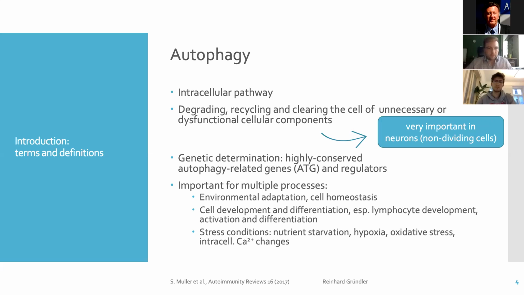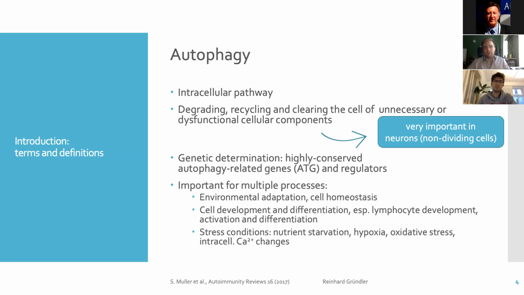So where is autophagy important? I've already talked about it. It's important for the cell so that it can adapt to the environment and maintain homeostasis, and also for cell development and differentiation, especially for lymphocytes, where you can also see why it is connected with neuroinflammation, and the B lymphocytes, which I will also talk about later on.